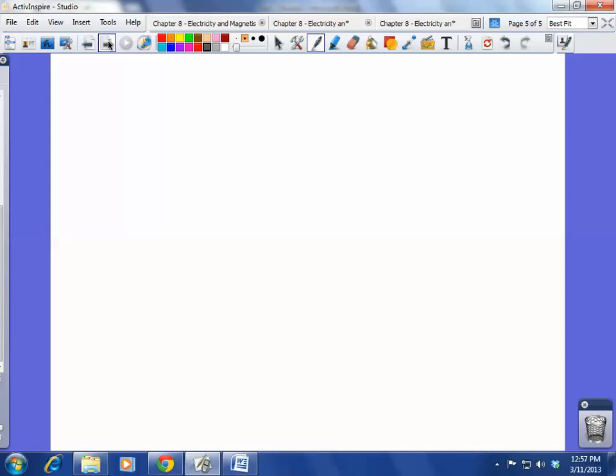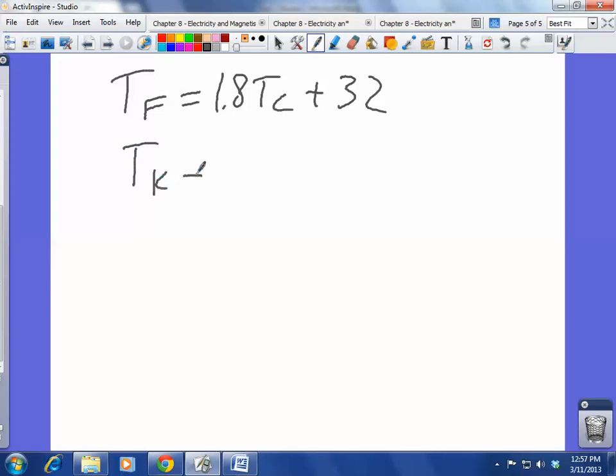Okay? Now, we did have a couple equations with temperature. We said, okay, the temperature in Fahrenheit is equal to 1.8 times the temperature in Celsius plus 32. And then we said the temperature in Kelvin is equal to temperature in Celsius plus 273. Okay? But really, these are just plugging in what we know. Because any of these temperature scales, whether it's Fahrenheit, Celsius, or Kelvin, are all just ways to measure temperature. Okay?